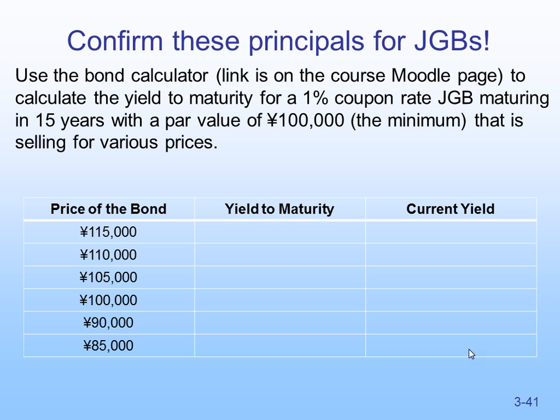Wait, so Professor, what's the logic behind the price of the bond and the yield to maturity being negatively correlated? Let me see if I have a slide coming up on that.